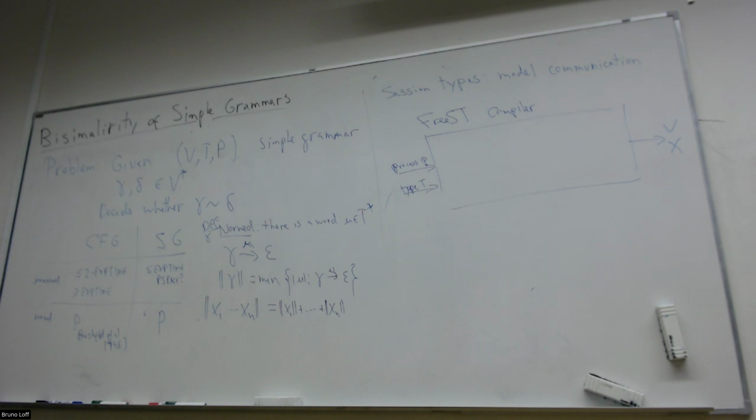The point is that if it's not, then you detect this error at compilation time, and it's better to detect the bug while you're compiling than six months after the code has been shipped. So that's the goal.